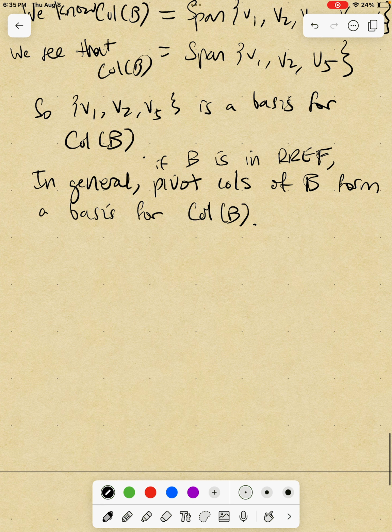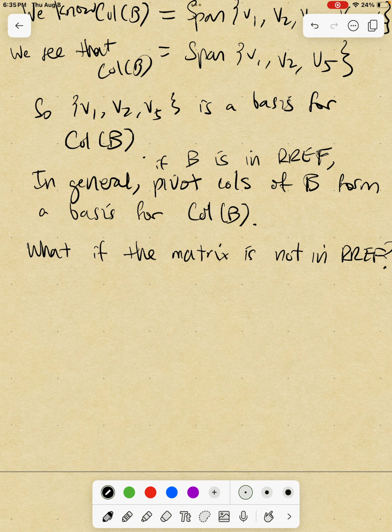Okay, but what happens if the matrix is not in reduced row echelon form? Well, okay, let's look at an example.